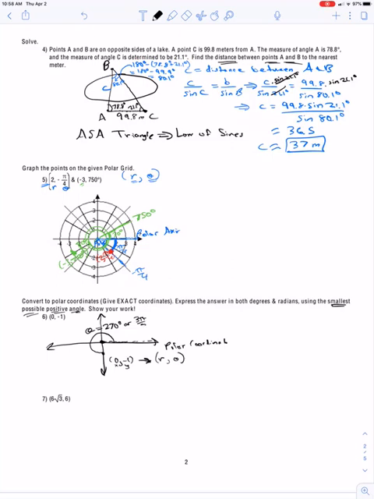It says express in both degrees and radians. Now the radius: what's the distance from the pole to that point? We went down 1 unit. The distance is 1, so there's our radius r, 1. So we've got our coordinates. Just looking at it, we know this is what?